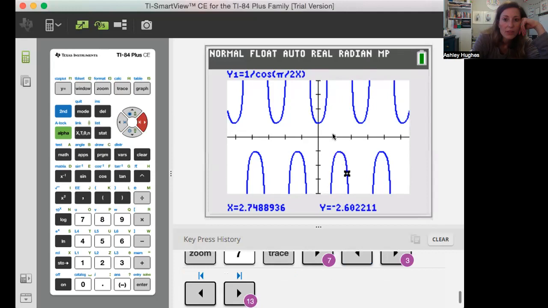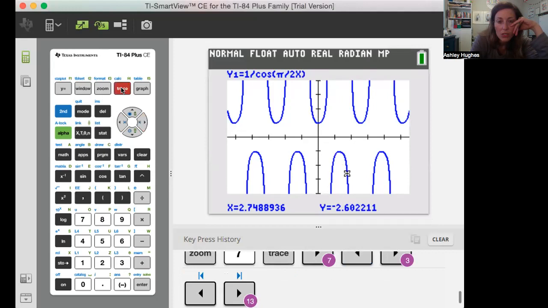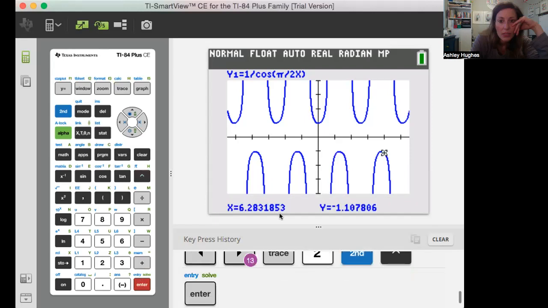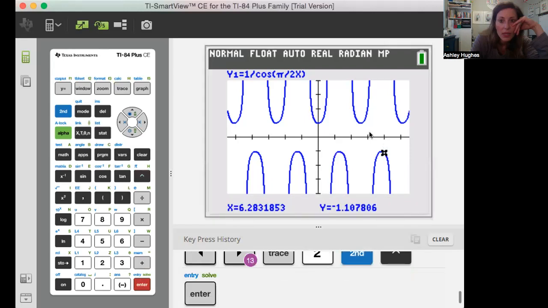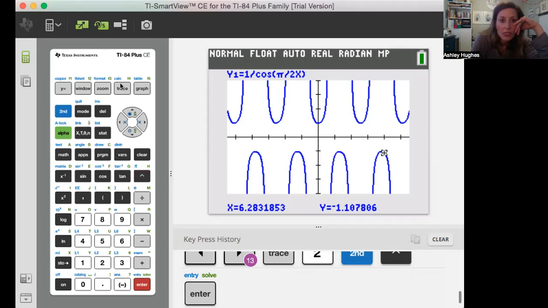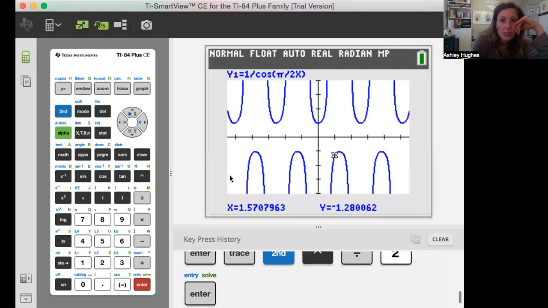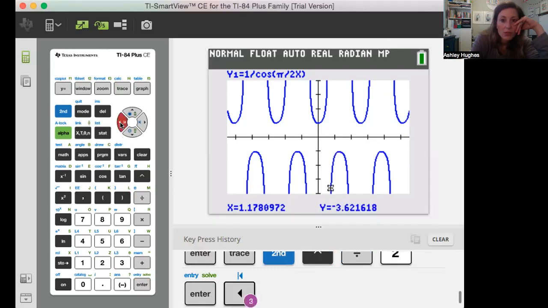I wonder what that value is right there. Trace to, okay, so that's 2 pi. Let's see, trace. Over 2.